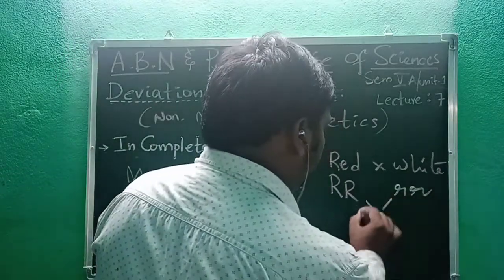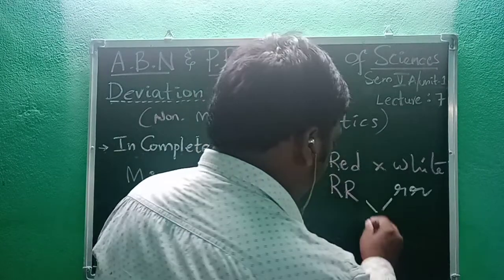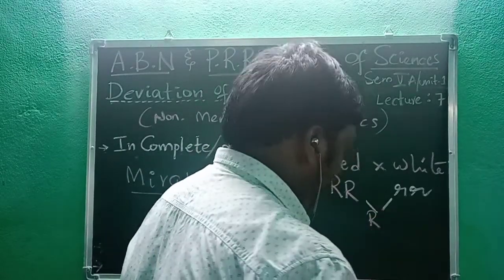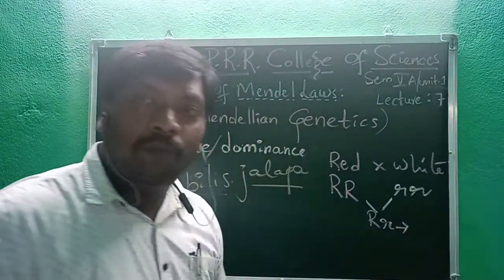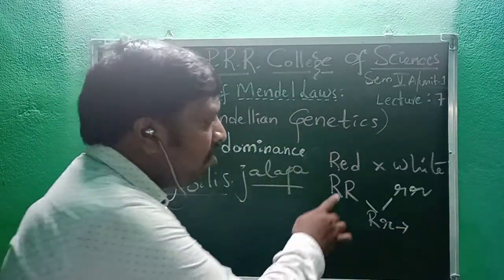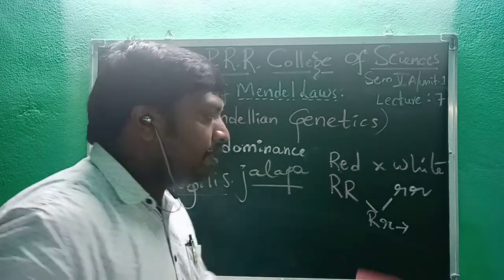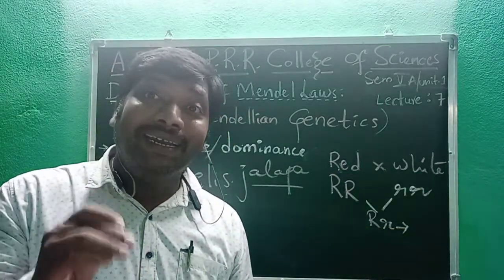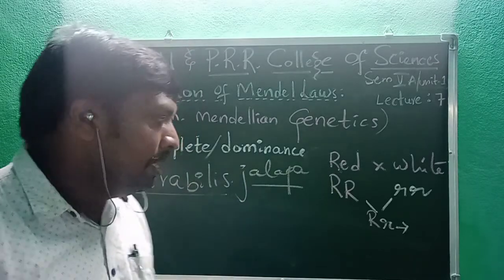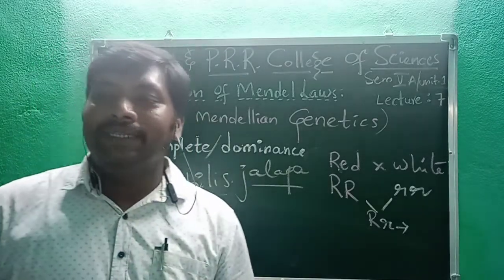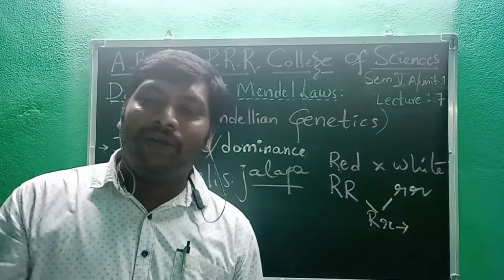When we combine, the F1 generation is capital R, small r. Here, as you know, up to the monohybrid the dominant character will appear, but here the F1 homozygous condition does not repeat. Here a new trait appears, called the third phenotype.